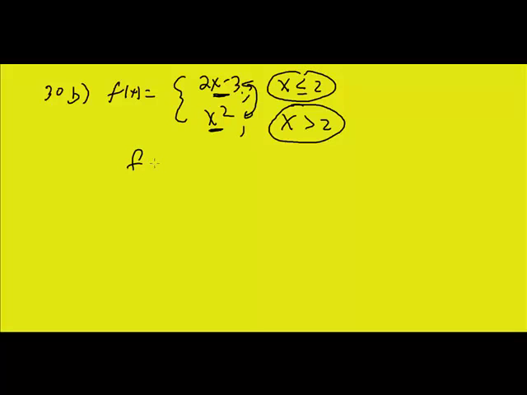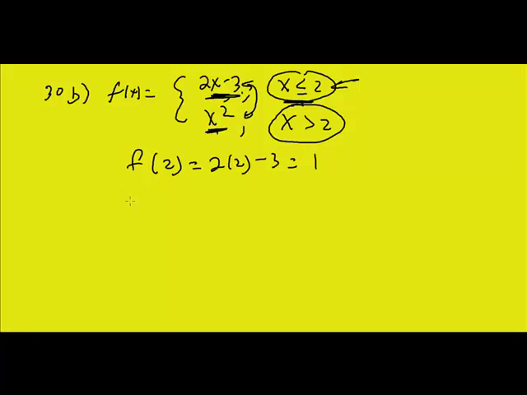We're going to find f of 2. Well, f of 2 means this is the one that I have to use. So that's 2 times 2 minus 3, which gives me 1. I can't use the other one for f of 2 because it says that function exists when x is less than or equal to 2.